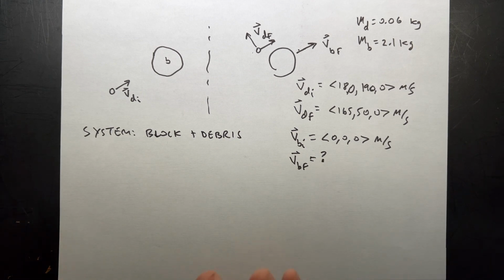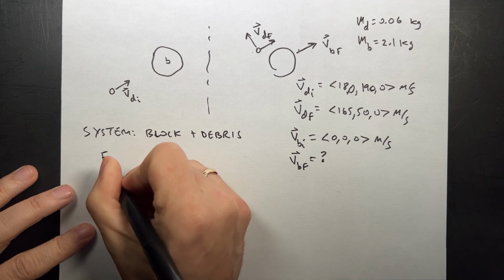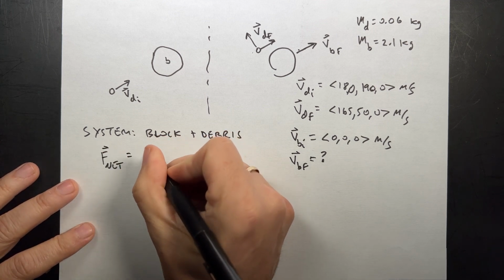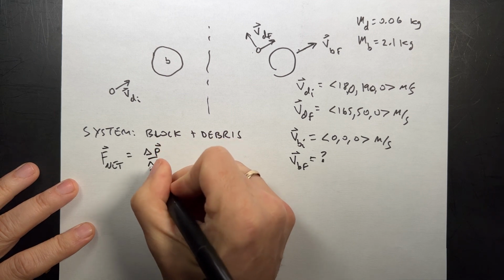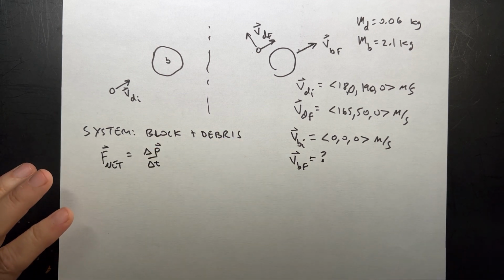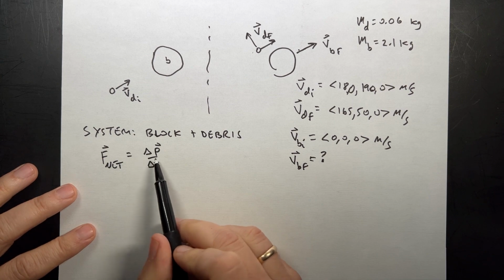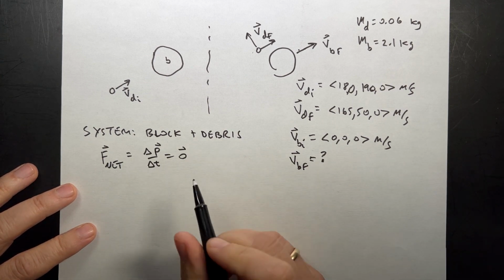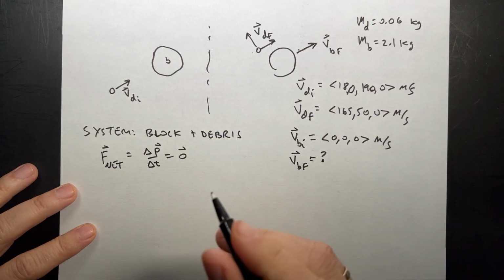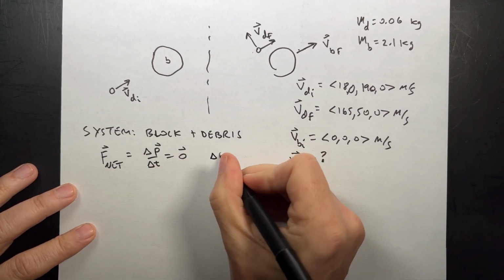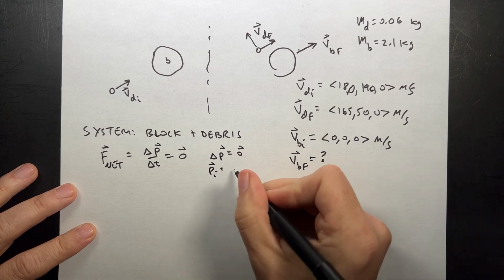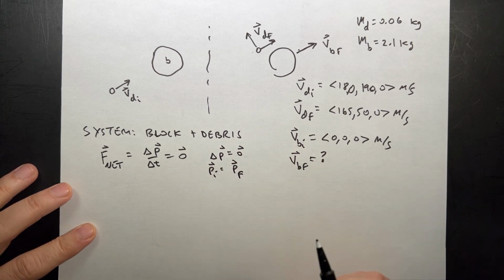So that means F net is equal to the change in momentum with respect to time, and that's the momentum of the system. The change in momentum of the system would be 0 because the net force is 0. If delta P is the 0 vector, then the initial total momentum is the final total momentum.